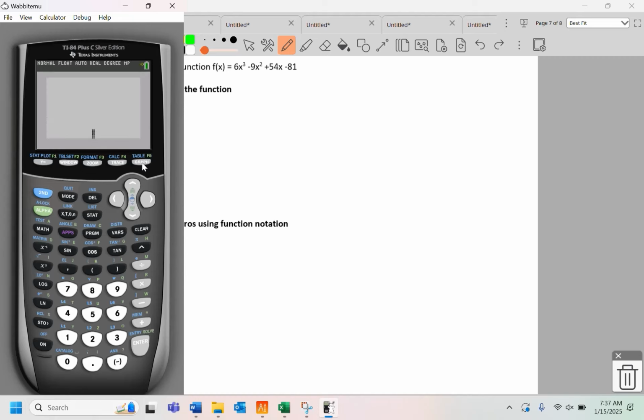Let's take a look at the graph. Oh, I forgot to do zoom 6. Oopsie poopsie.